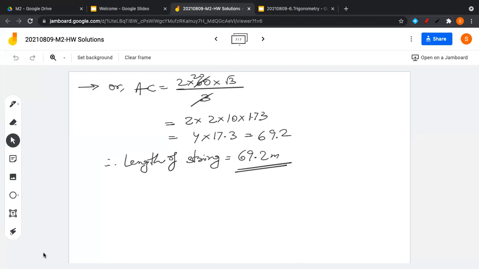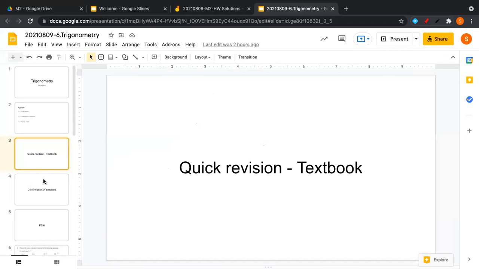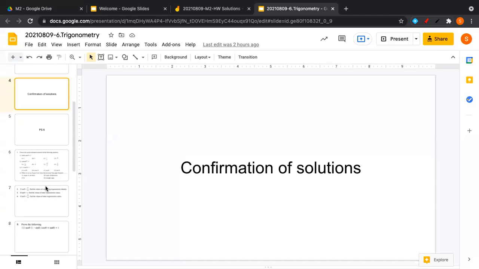Any doubts? If you have doubt, raise your hand. If it is clear, thumbs up so that we can move to the next part of the session. Okay, thank you for the confirmations. So we looked at the solutions that I have sent you.